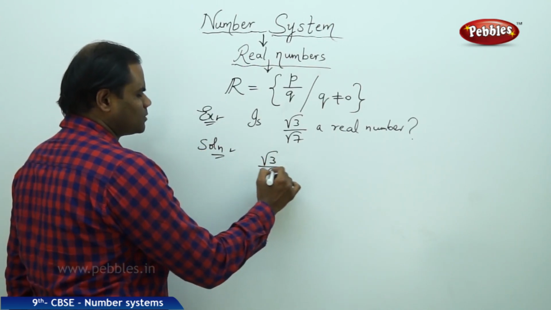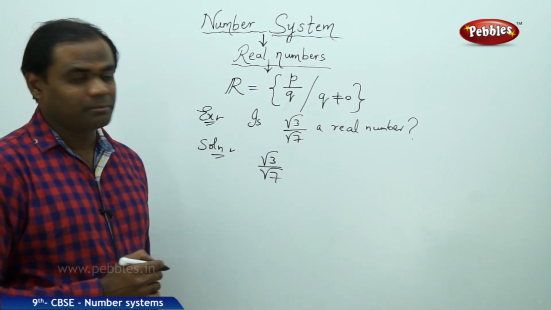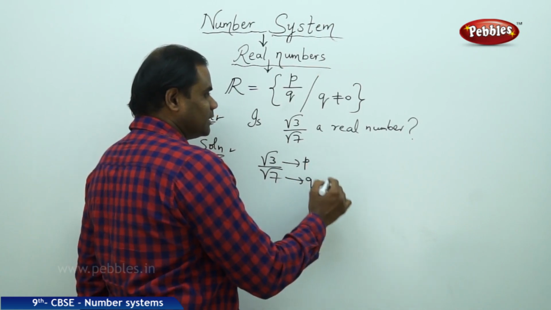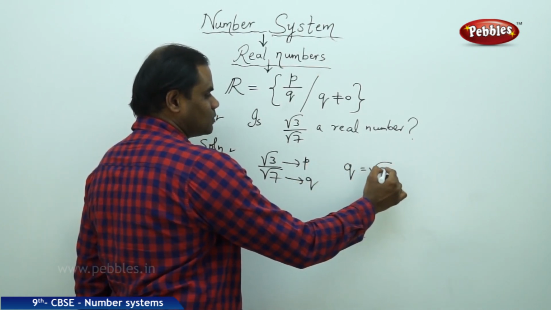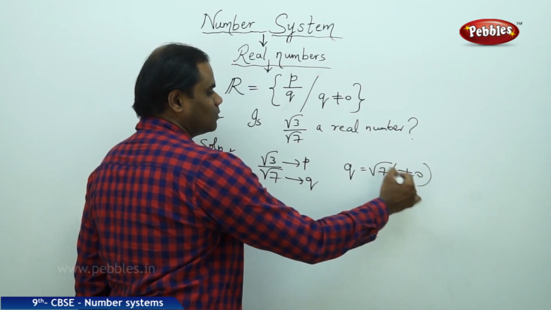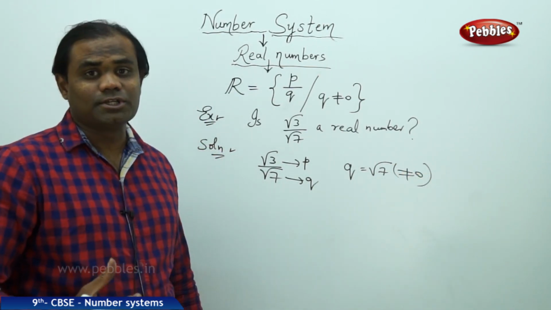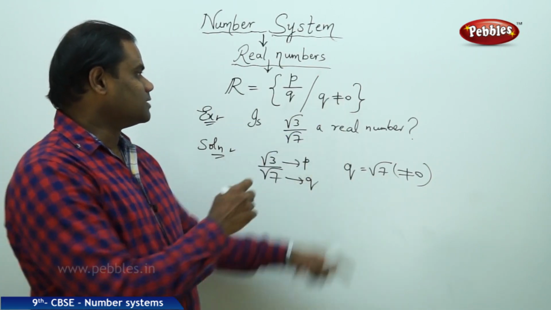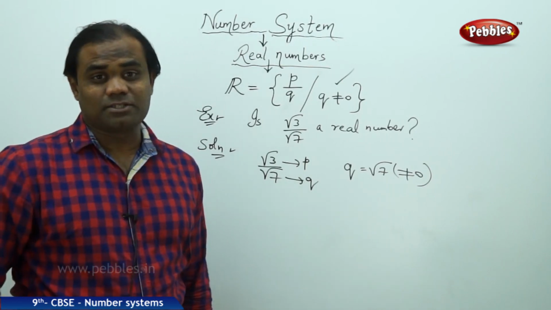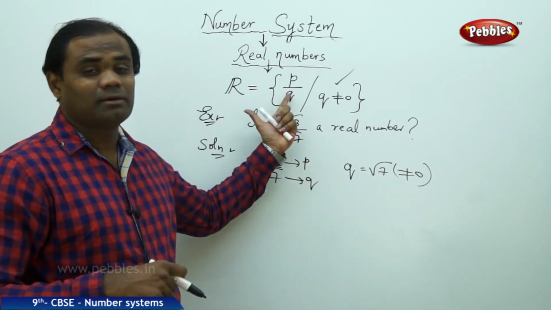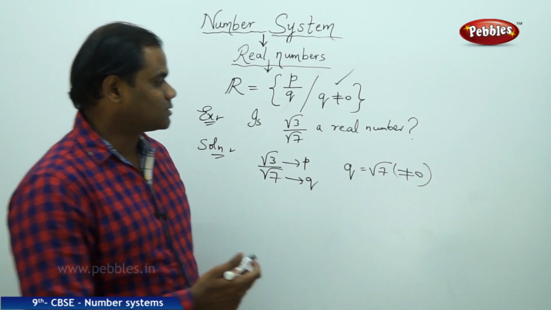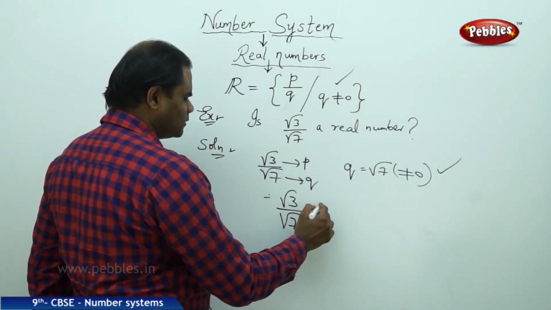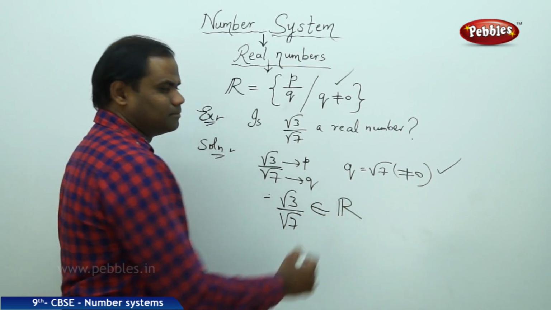Root 3 over root 7, which can be written in the form P by Q, clearly states that Q equal to root 7 can never be equal to 0, because root 7 is a non-zero irrational number. Therefore, Q not equal to 0 is the test, which is the only test which needs to be passed for a number being a real number. Now this test is passed, therefore root 3 over root 7 is a real number.